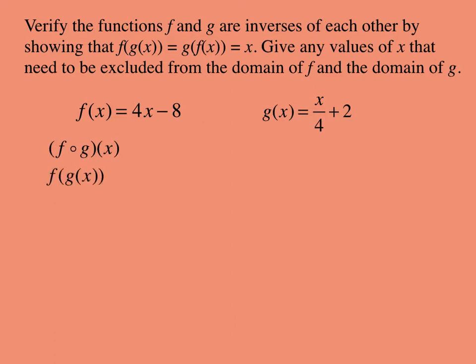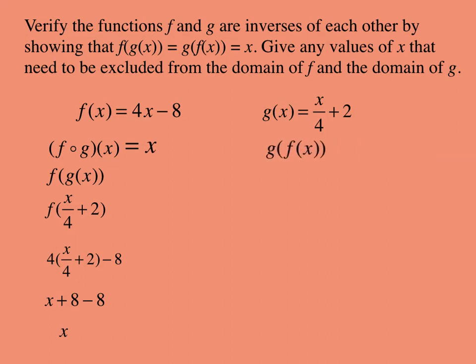So that is f of x over 4 plus 2. So my x over 4 plus 2, I'm going to write that in place of x in my f function. I'll distribute the 4 to both terms inside the parentheses, and I'll combine like terms, and I've just shown you that f of g of x definitely equals x.